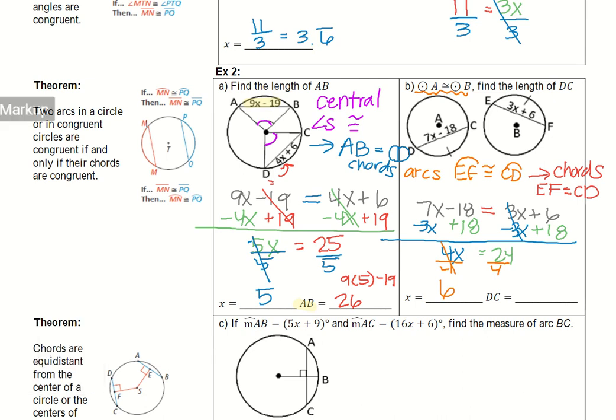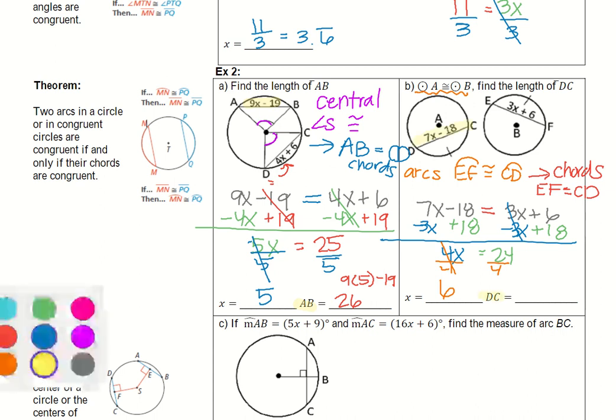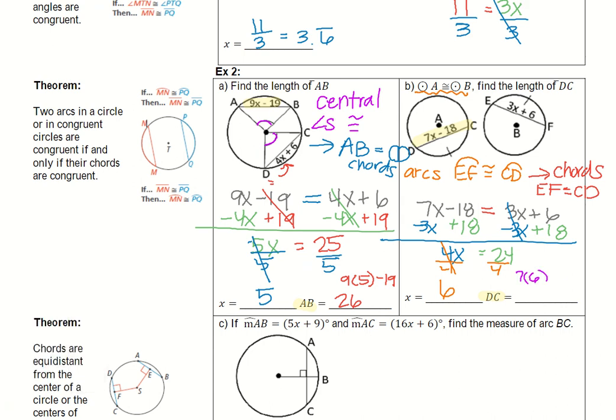Again, DC is this one, but I could plug it into either. It's a good idea to plug into both to check. So 7 times 6 is 42. Minus 18 is 24. And that's the same as if I were to plug a 6 into here. 3 times 6 is 18 plus 6 is 24.